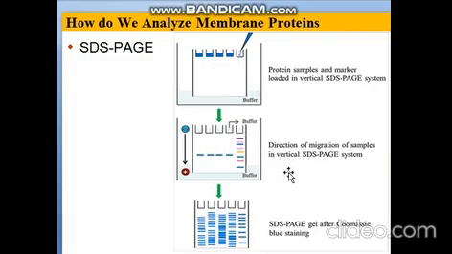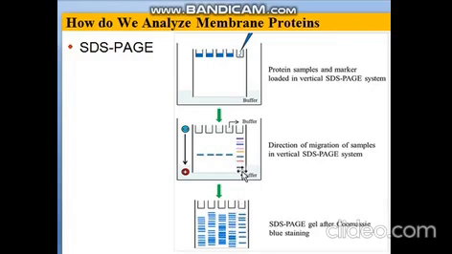Almost every cell biology lab has this apparatus, and they perform it in the lab to know which protein is there and what is the size of the protein. Here we can also measure the size of the protein, right? And based on the size of the protein, we can go for further analysis of what this protein could be, and then we have some staining to show how many proteins we have.